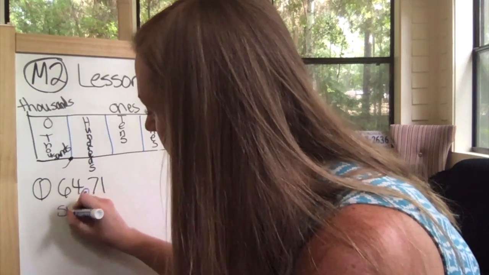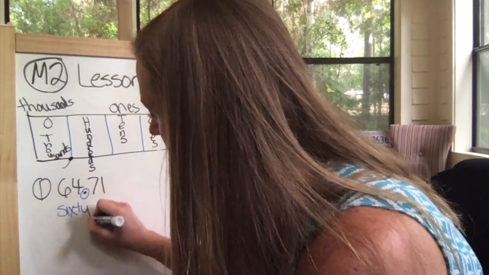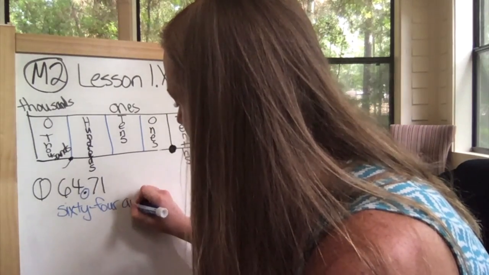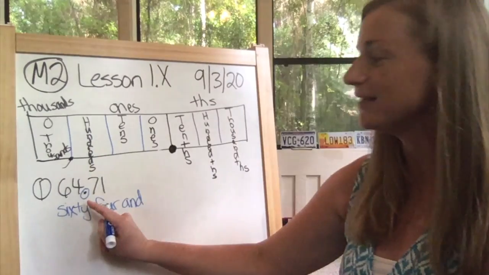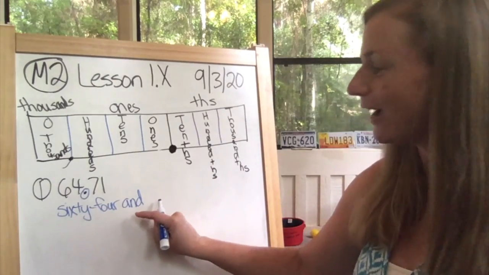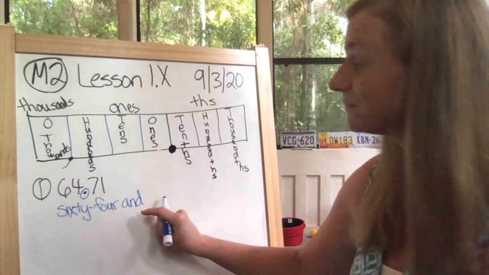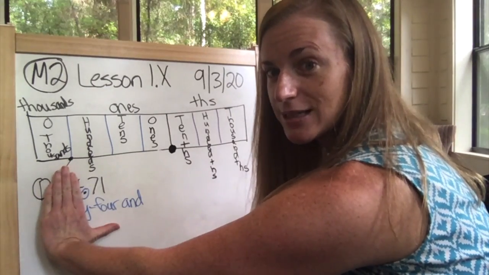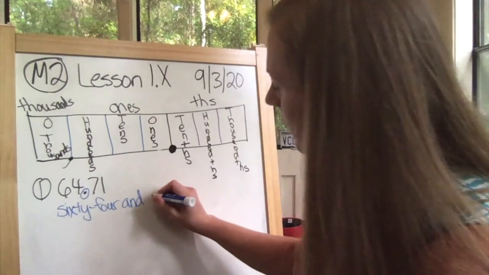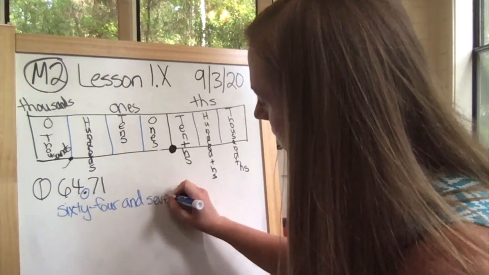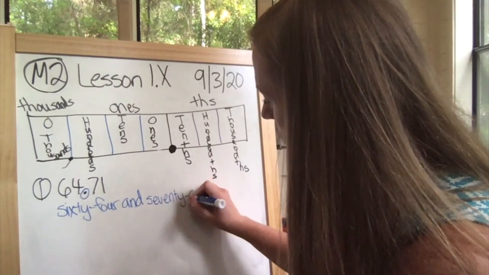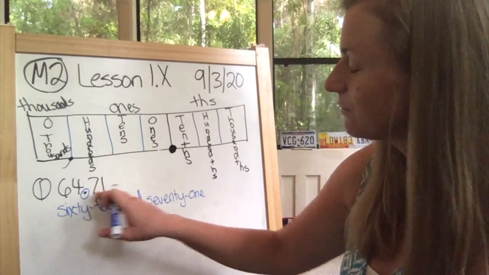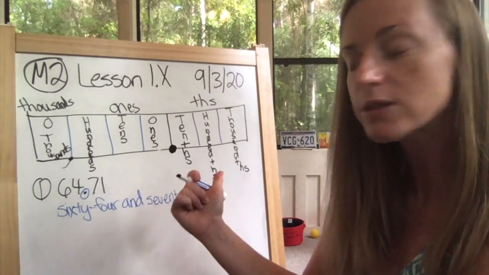So this is 64. And, because that decimal point means and, I have to write the word and right here. Now I cover up everything in front of the decimal point and I see 71, and again that 1, it's the farthest place value over to the right.